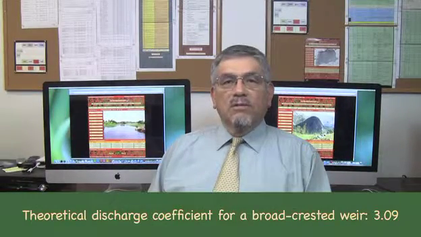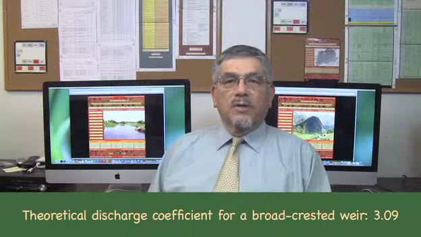In this case, the discharge coefficient is 4.03 in US customary units. This value is 30% greater than the theoretical value for a broad-crested weir, 3.09, which implies that the West spillway shape is very effective in passing the flow. For low spillways, the effect of the approach velocity is to reduce the discharge coefficient below the value 4.03.